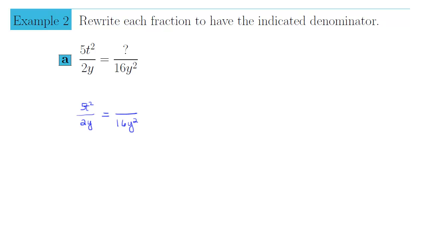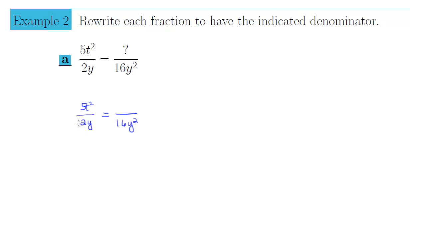Let's focus on the denominator first. Specifically, let's focus on the numbers. What is it that we have to multiply by 2y to give us 16y squared? Well, let's look at the numbers. 2 and 16.